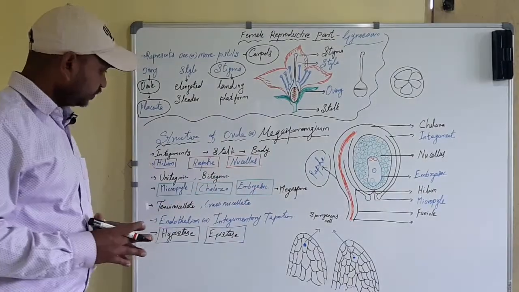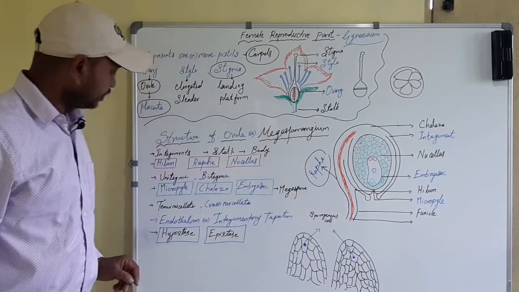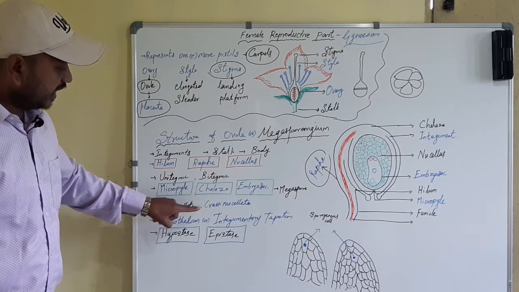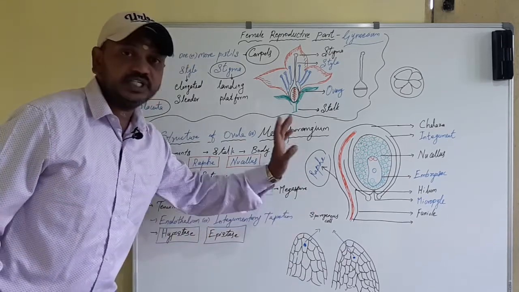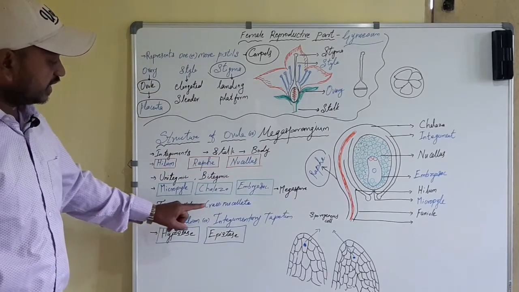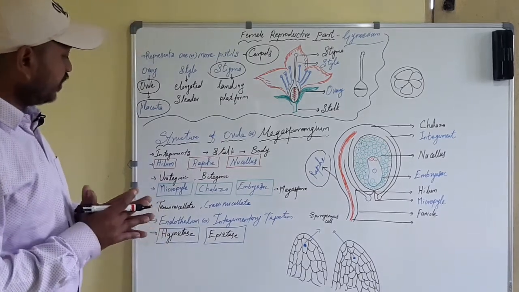Based on the position of the sporogenous cell, ovules are divided into 2 types, tenuinucellate and crassinucellate ovules. What is a tenuinucellate ovule?